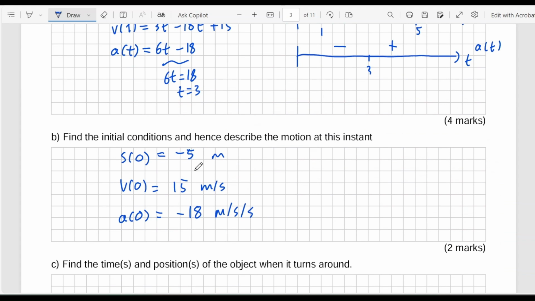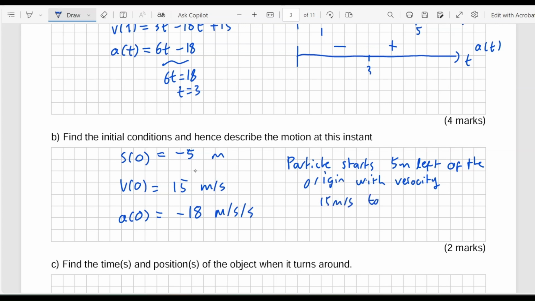Okay, so the particle starts 5 meters left of the origin with velocity 15 meters per second towards the right.